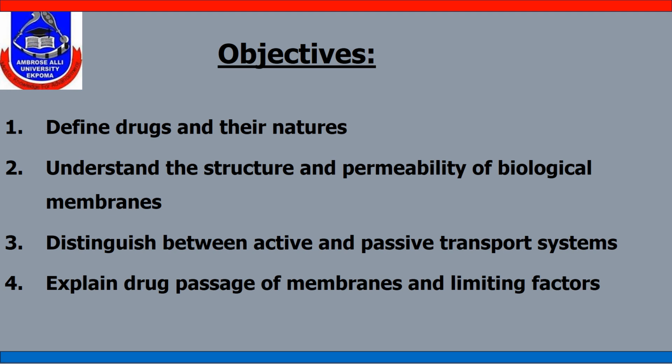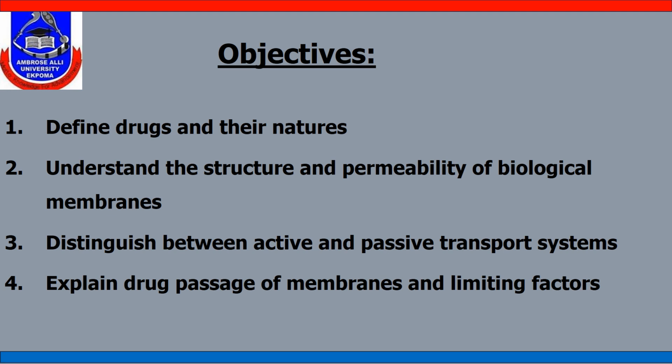Now, the objectives for topic 4 are just 4. First, we want to define drug and their nature. Secondly, we want to understand the structure and permeability of biological membranes.